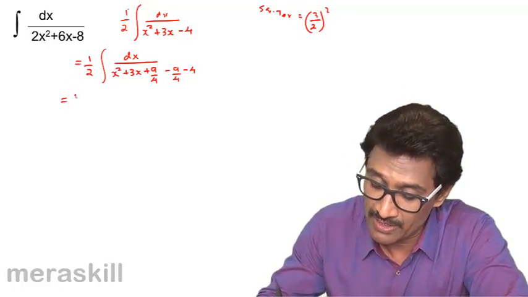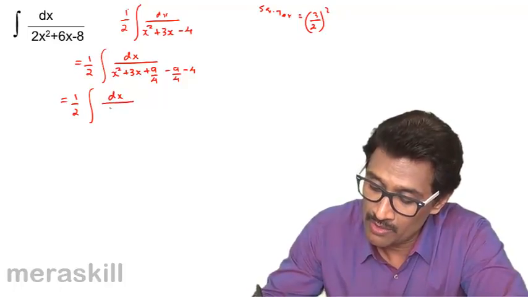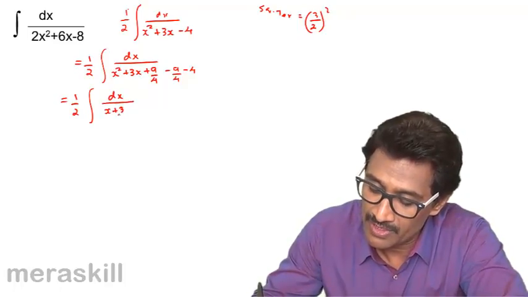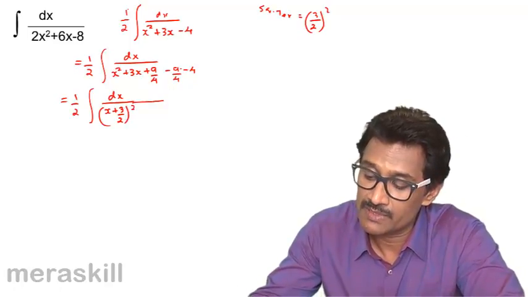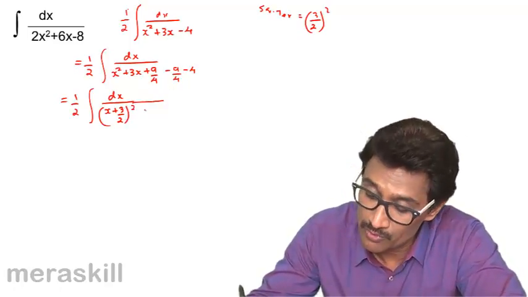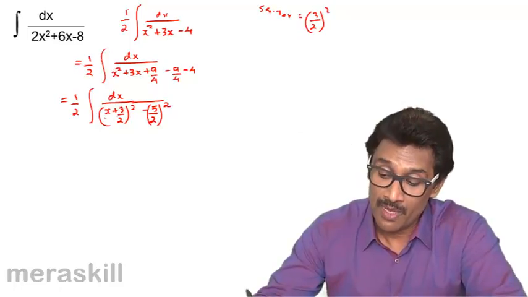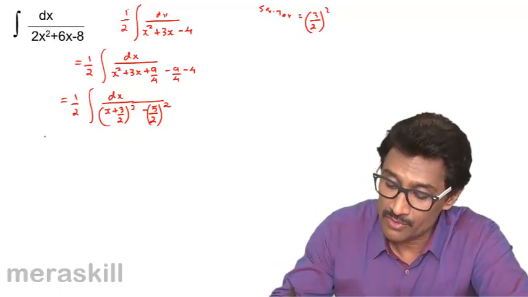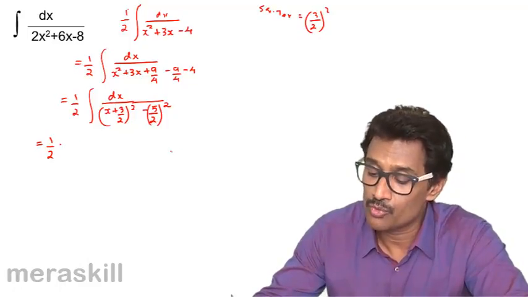So it's eventually half dx upon (x plus 3 by 2) the whole square. This one on simplification becomes 16 minus 25 by 4, so it's minus (5 by 2) the whole square. So this is of the form x square minus a square. So it's going to be half into 1 by 2a.